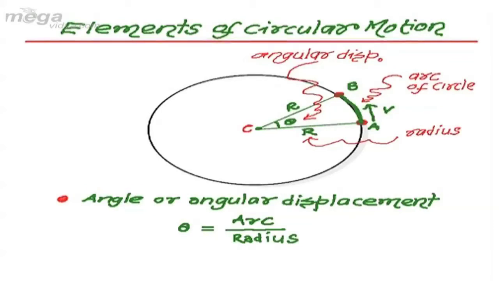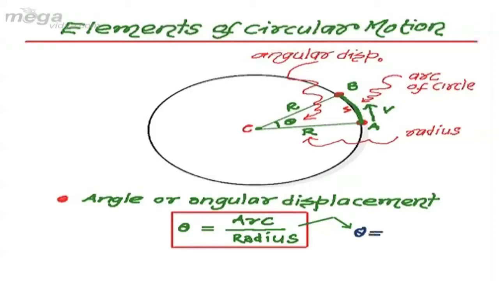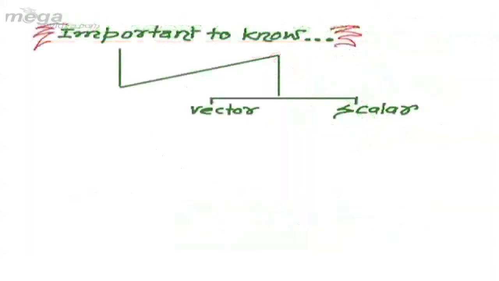This term theta is called angular displacement. If this distance traveled, or arc length, is s, say, then we can write theta is equal to s over r. It is very important to know whether this angular displacement theta is a vector or a scalar.